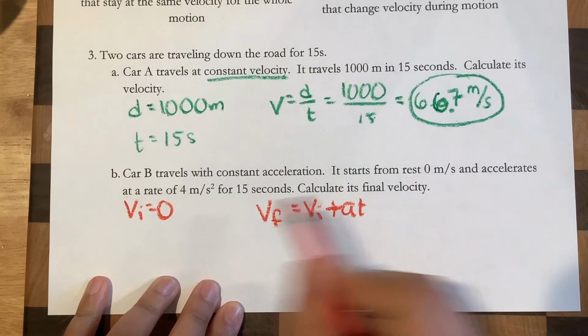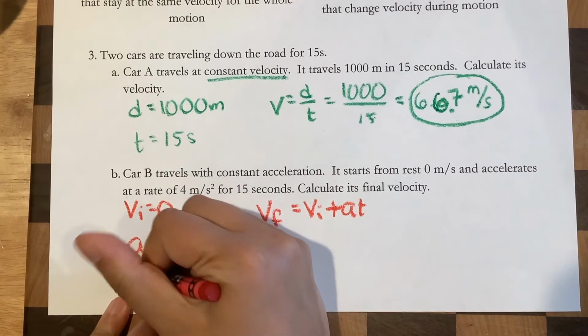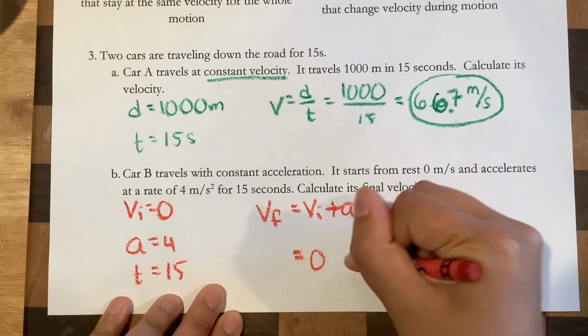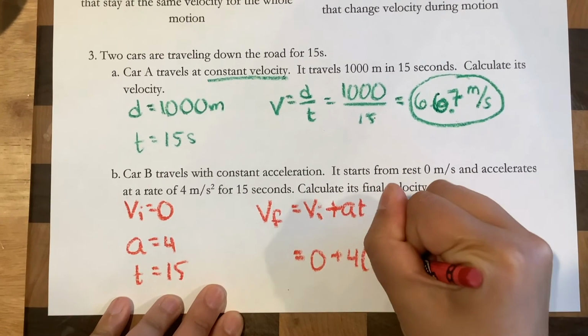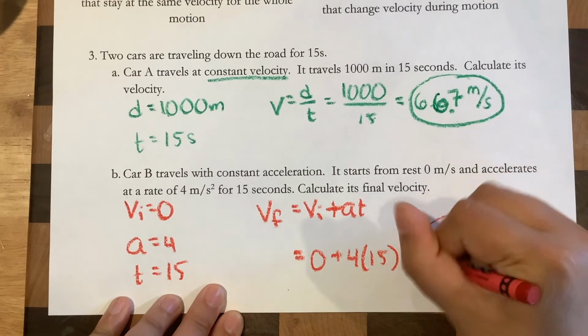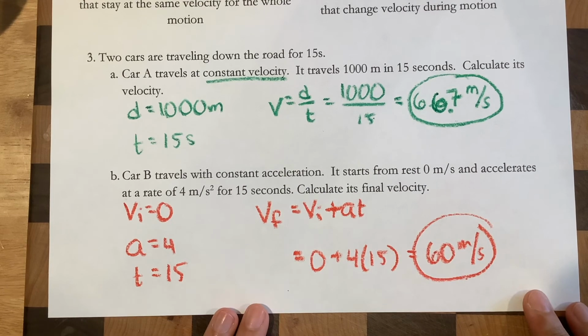The acceleration is 4, so A equals 4. And T is 15 seconds. So substituting, that's 0 equals 4 times 15, or 60 meters per second. Car A is traveling faster than car B.